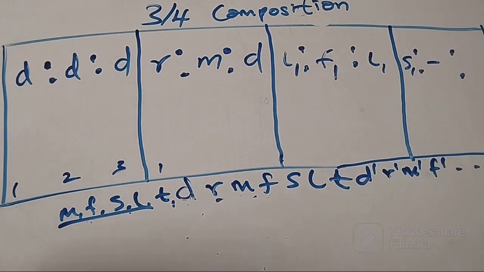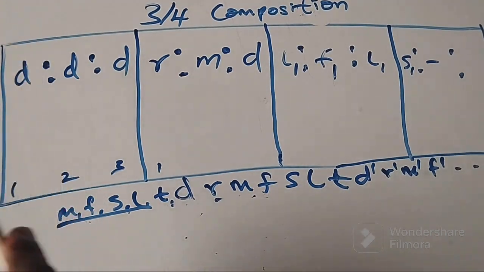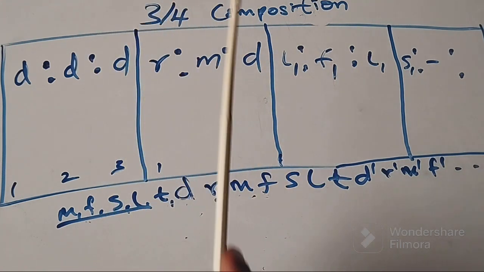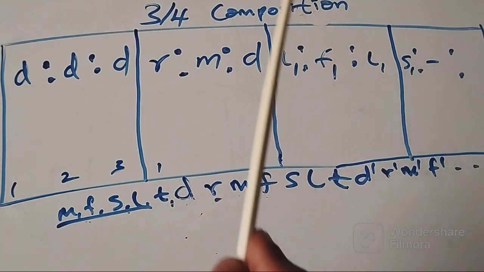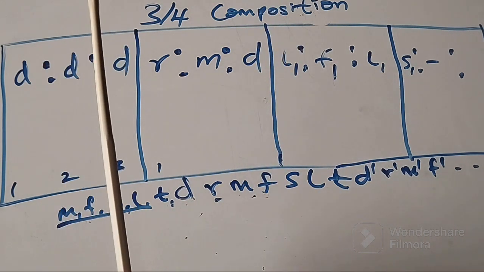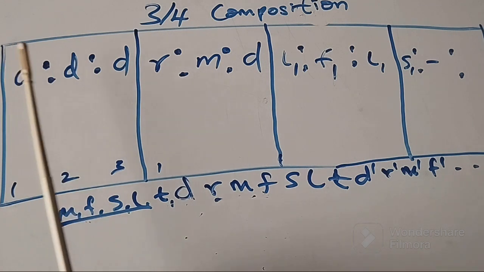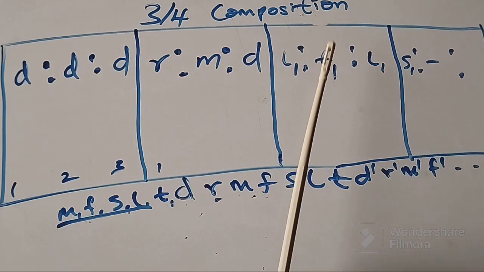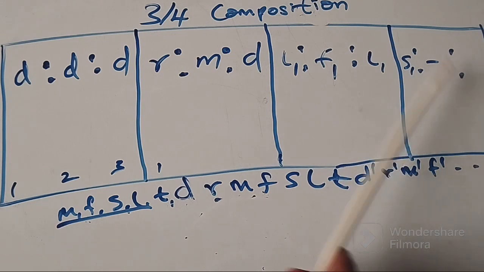Okay, the conducting pattern will be do re mi do la fa la sol. You bring down do, that is do re mi do la fa la sol.